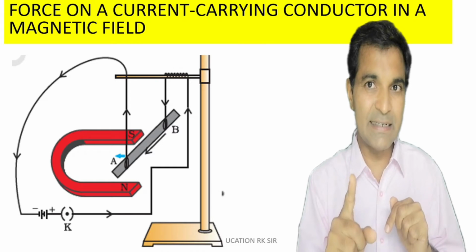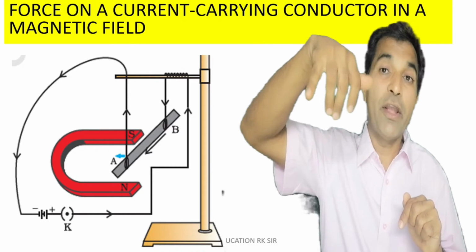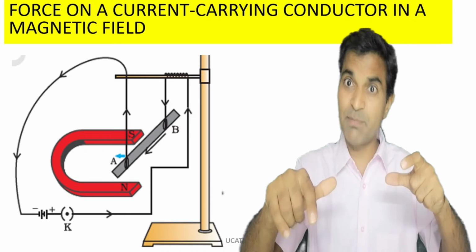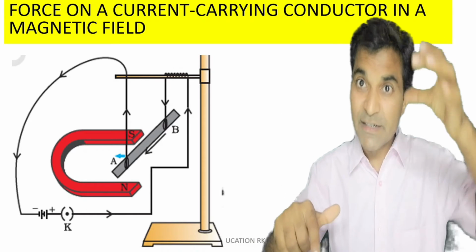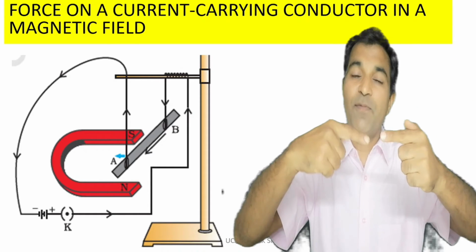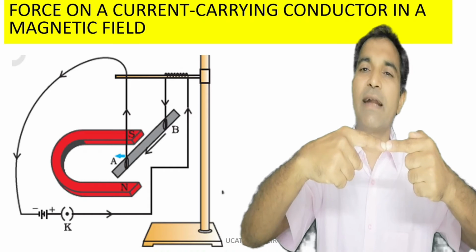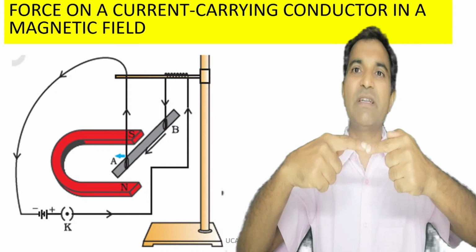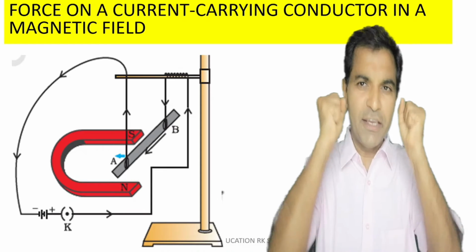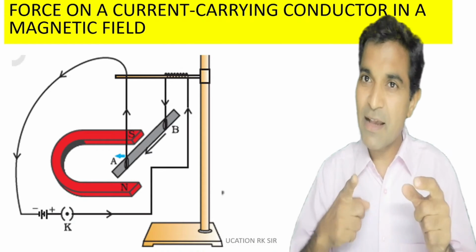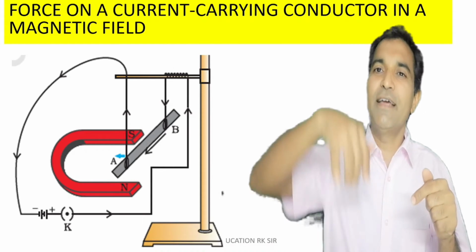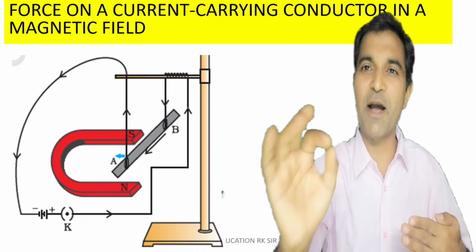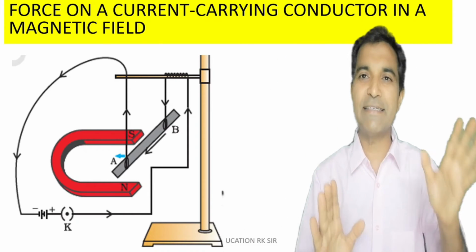When we pass the current, that suspended rod will behave as a magnet, and when this magnet interacts with the real magnet, if SS pole or NN pole are there, they will repel. If N and S pole come into picture, then they will attract. In short, if we pass current through a freely suspended conductor, it will experience a force due to the magnetic field.